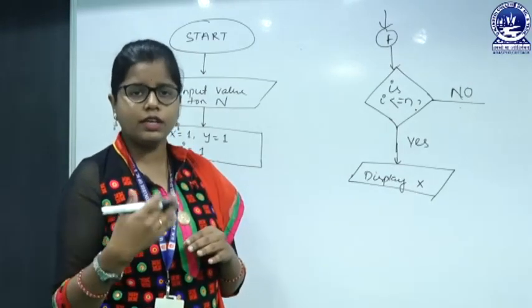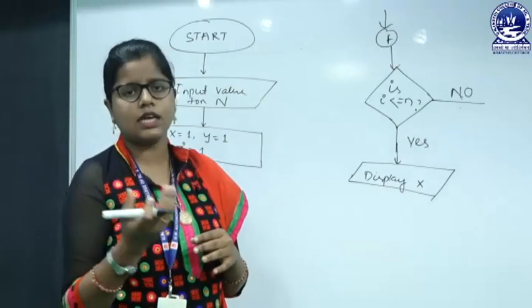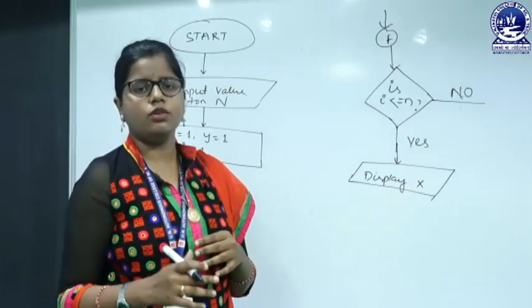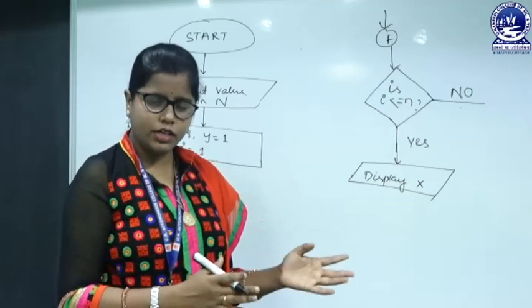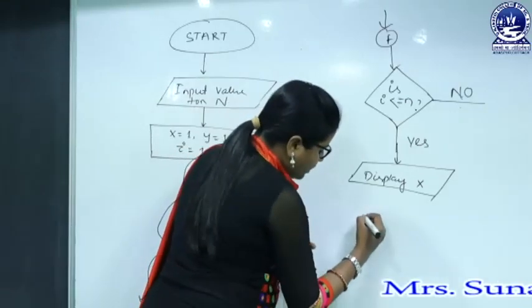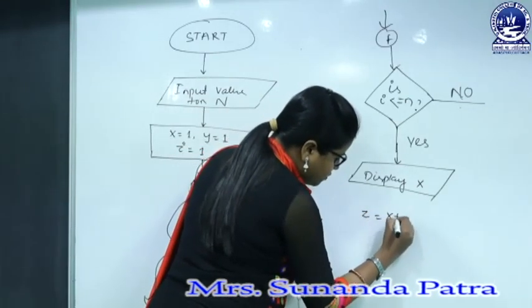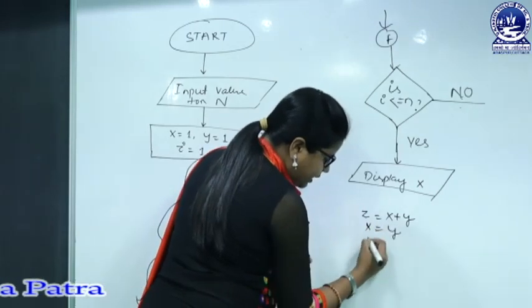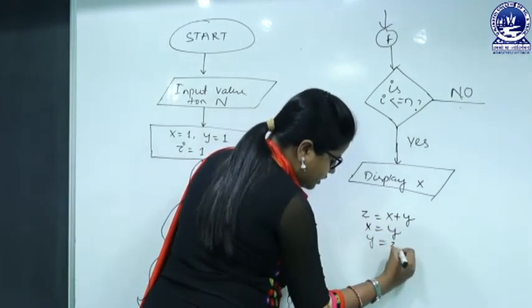Before that, we have to add the x and y values to get the z value. So z equals x plus y, x equals y, and y equals z.